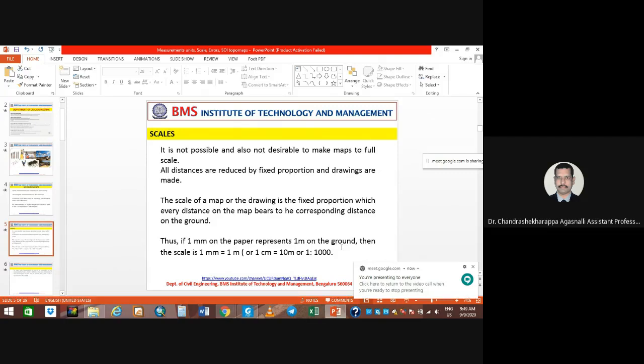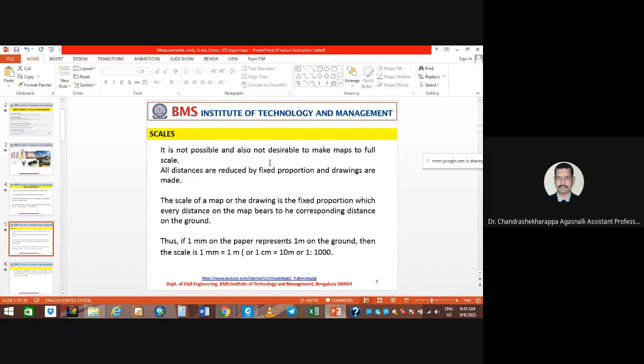If your map is 1 centimeter equal to 10 meters, that is called 1:1000. This is how you can convert things. It is not possible, and also not desirable, to make maps to full extent. Full extent is whatever survey data you are collecting from the ground.